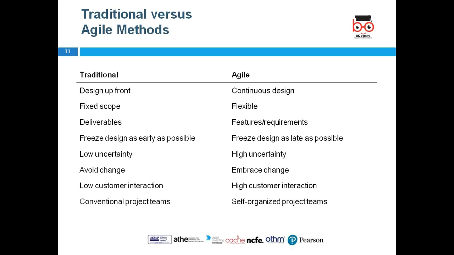Whereas the new methods are more iterative. They overlap, and you don't have to have a fixed design or requirements in place at the very beginning. You can iterate over so many sprints or cycles until you reach your product.